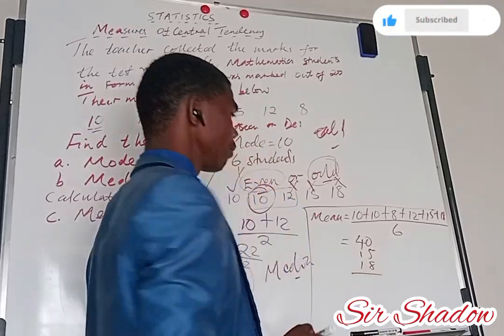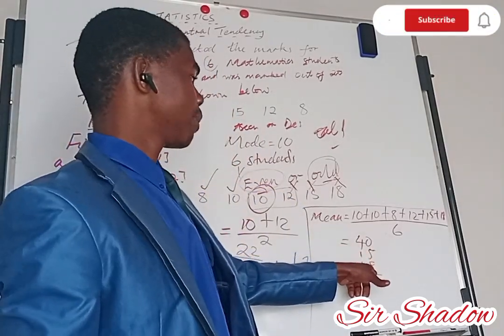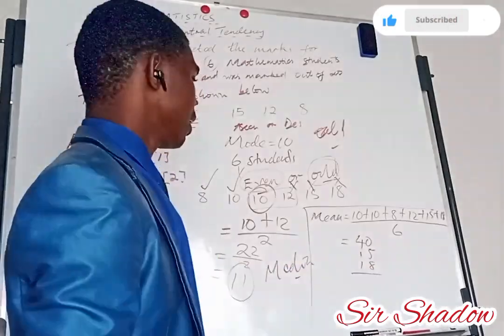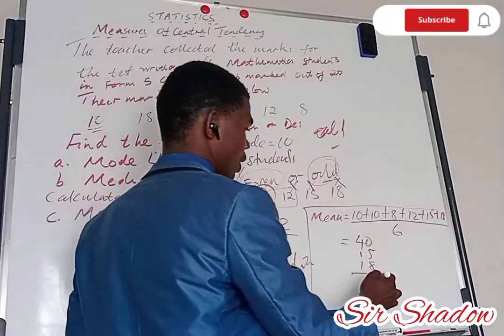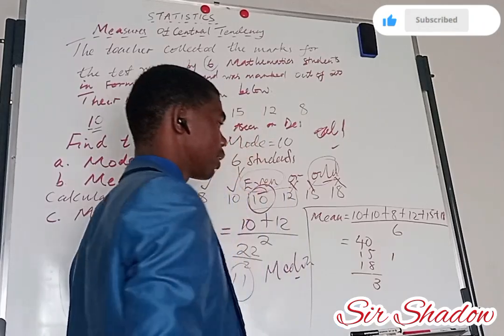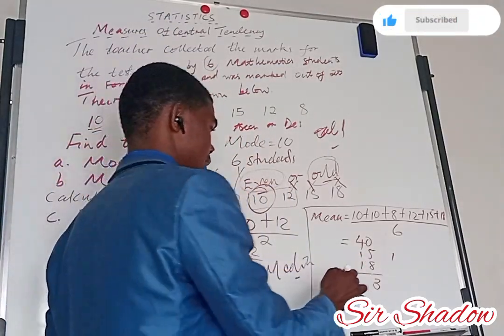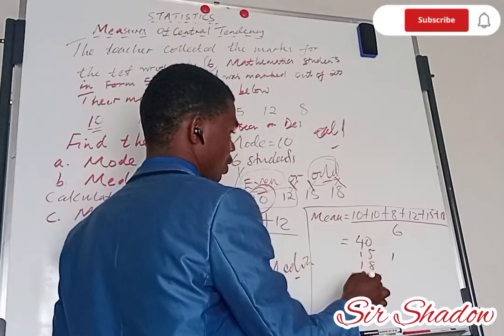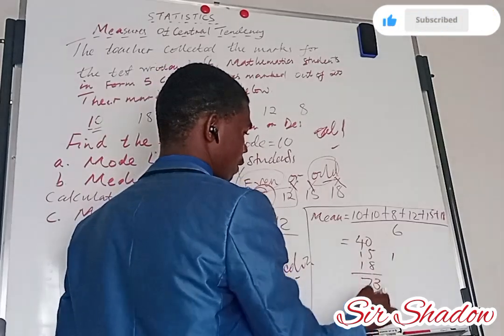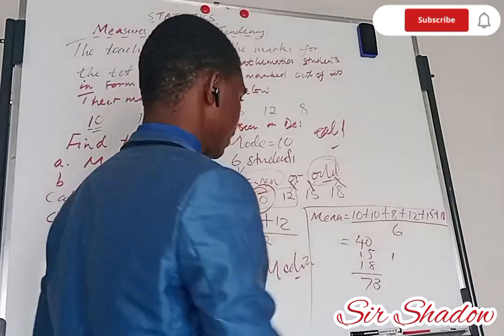8 plus 5 becomes 13, carry 1. Then 4 plus 1 plus 5, which is 10, plus 1, which is 73.